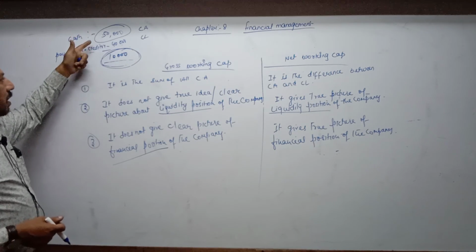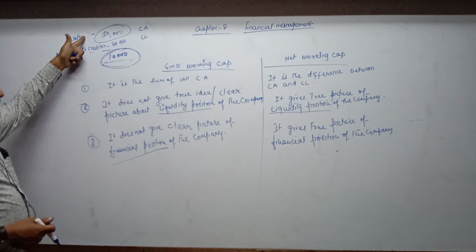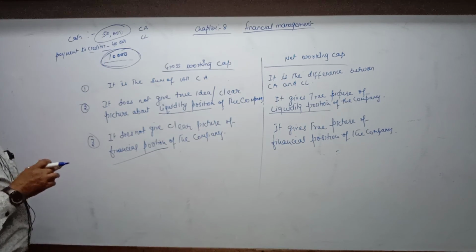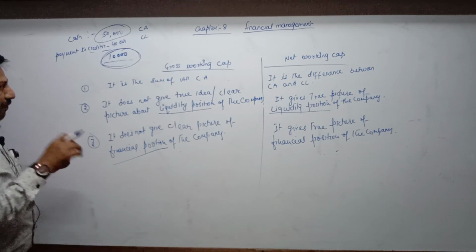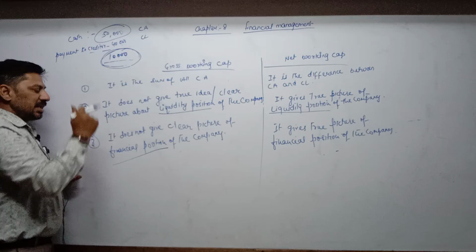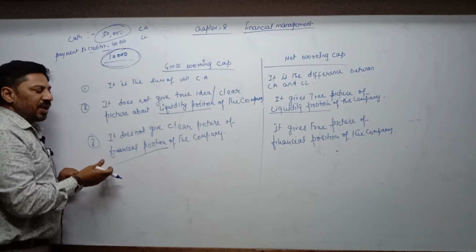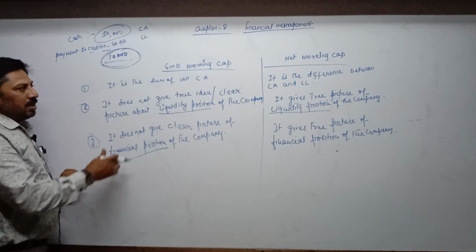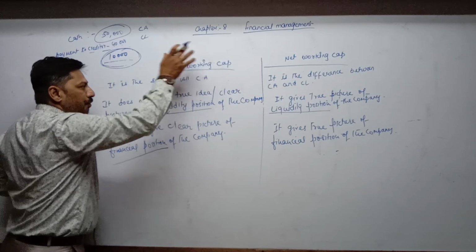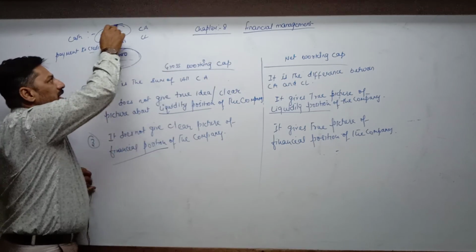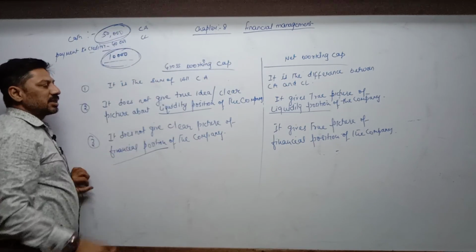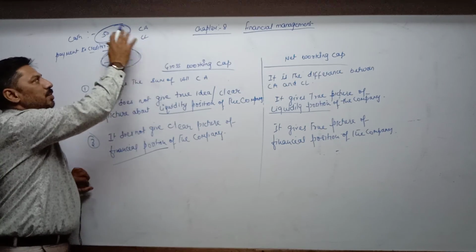So by deducting current liability from current asset, we are able to know how much cash is available with us. If cash is available with us, then we can say there is a strong or sound financial position of the company. But in gross working capital, we are taking only and only current assets. We are not deducting current liability from current asset.